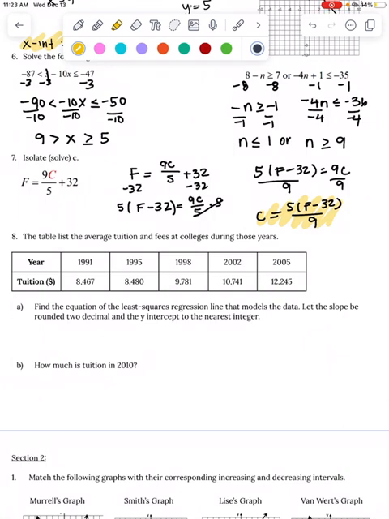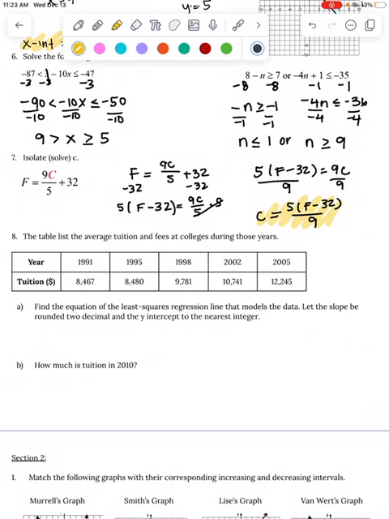And then I'm going to put the tuitions in my L2 values, 8467, 8480, 9781, 10741, 1224.